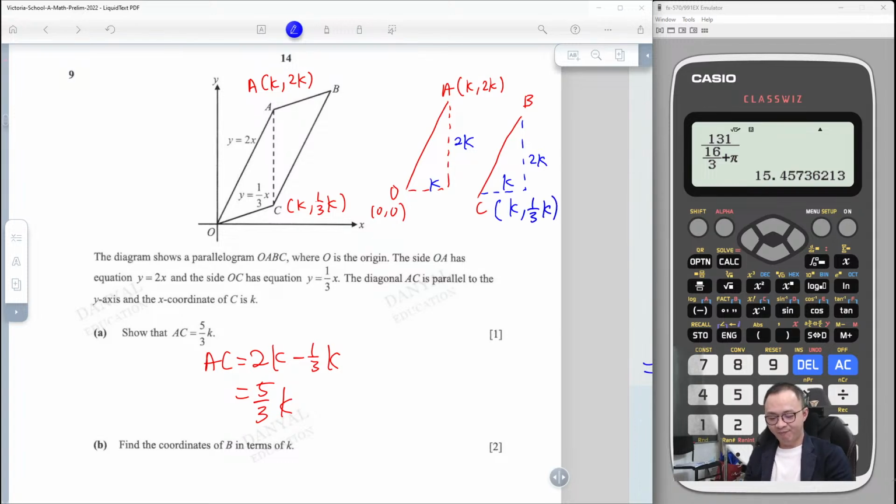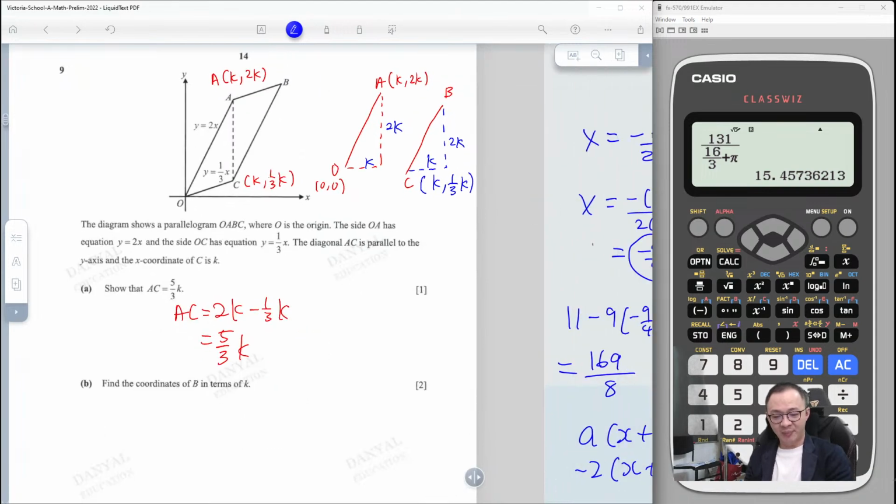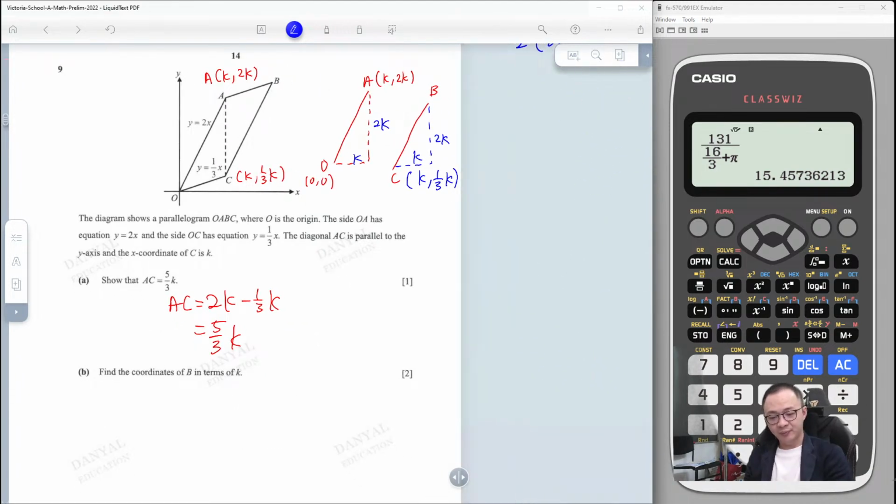So then I will get my coordinate B here. The coordinate B is basically k, which is C's x coordinate, plus the movement k, comma, 1 over 3k, which is the y coordinate of C, plus the double k.